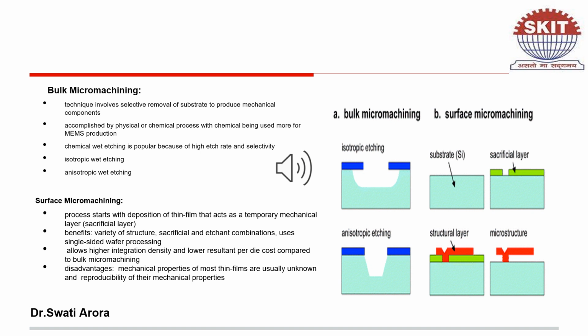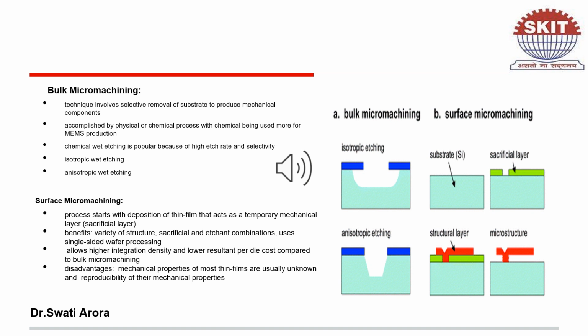Similarly, the surface micromachining technique, which can also be seen in the picture, starts with deposition of a thin film that acts as a temporary mechanical layer, which is called the sacrificial layer. The device layers are constructed on top. Deposition and patterning of the structural layer is done, and the removal of the temporary layer allows movement of the structural layer.